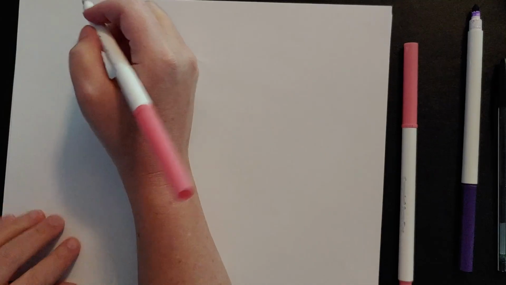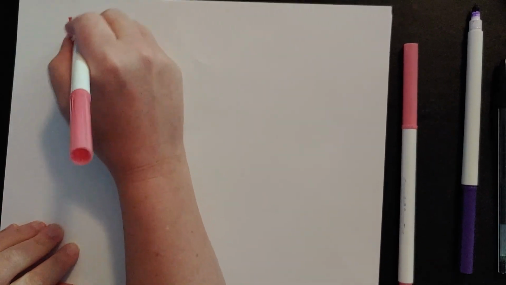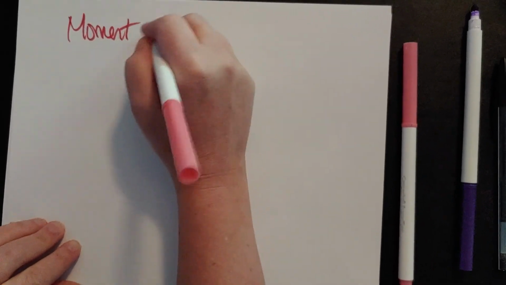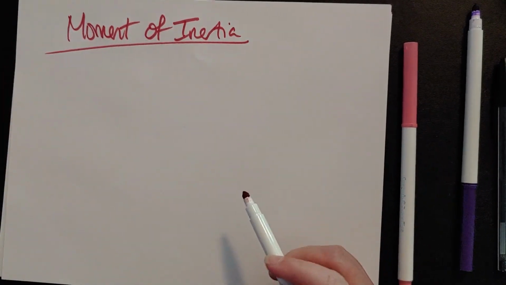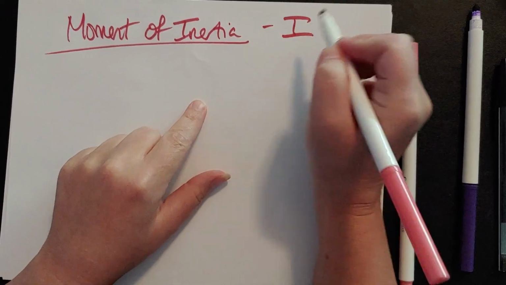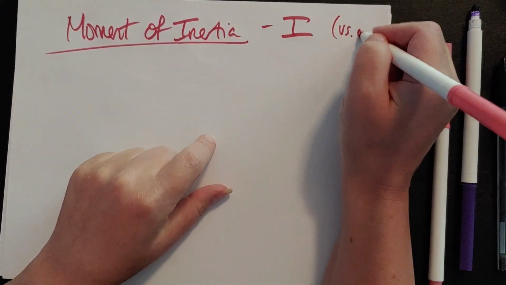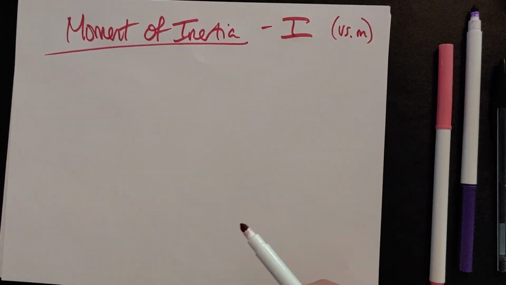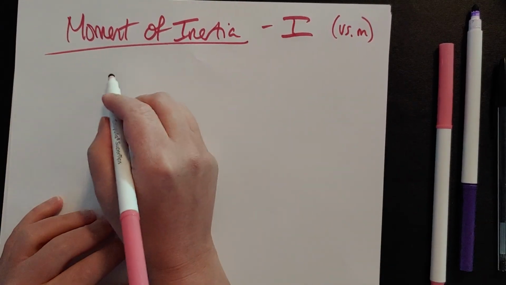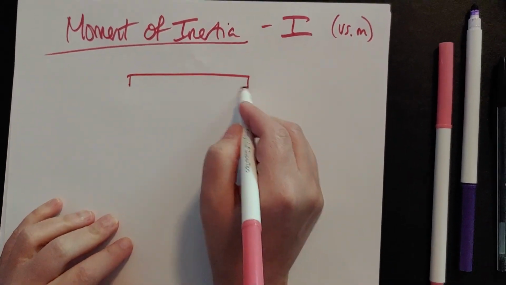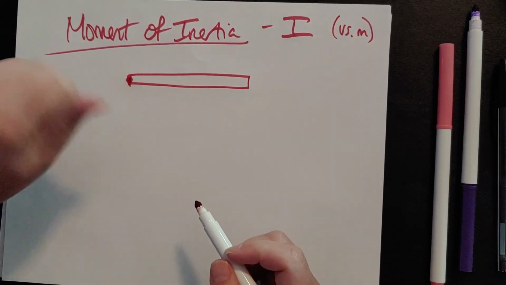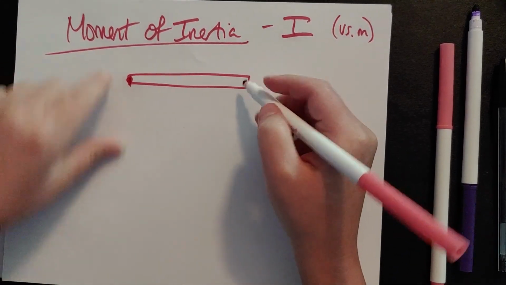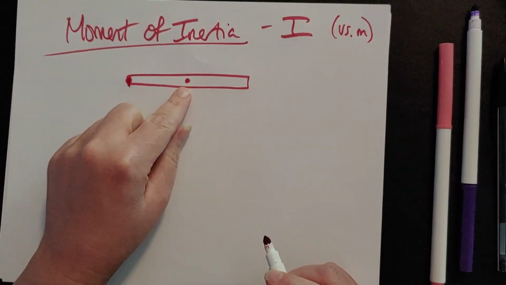Okay, last thing, moment of inertia. This is the rotational equivalent of mass. This tells you how hard it is to rotate something. So if you take a meter stick and you try to rotate it from the end, it's going to be a lot harder to rotate than if you try to rotate it from the middle.